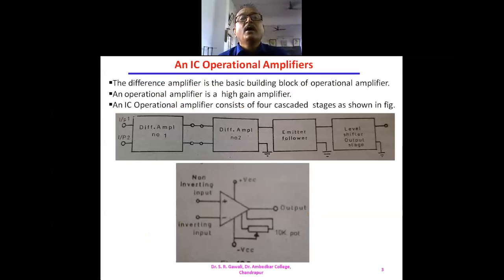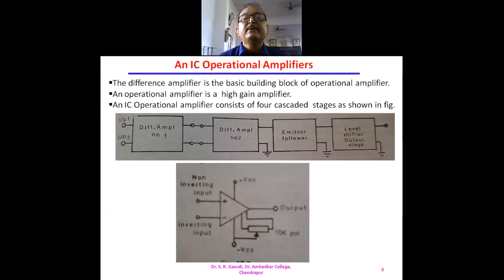First of all, we see the IC operational amplifier, the integrated circuit of the operational amplifier. We have seen this operational amplifier previously. The difference amplifier is the basic building block of the operational amplifier, and the operational amplifier is a high gain amplifier.